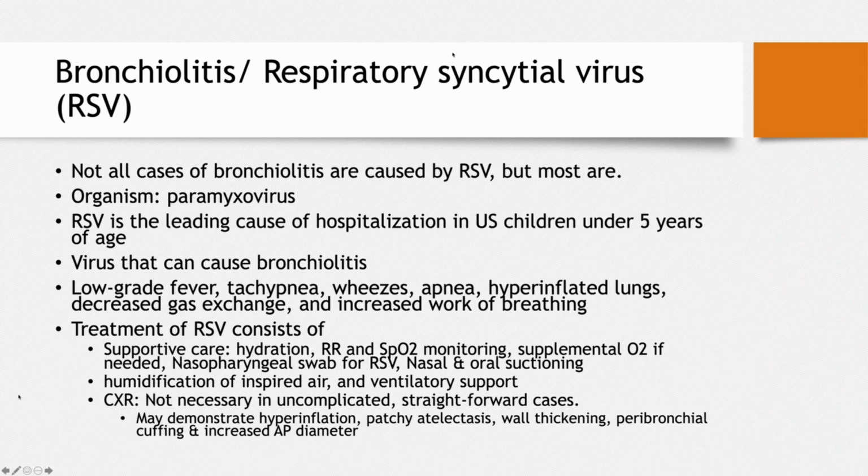RSV is the most common cause of bronchiolitis, and it's a paramyxovirus. It's the leading cause of hospitalization in kids under 5 years of age. It's also one of the major causes of pneumonia in that category.